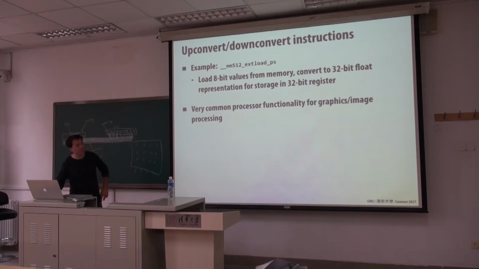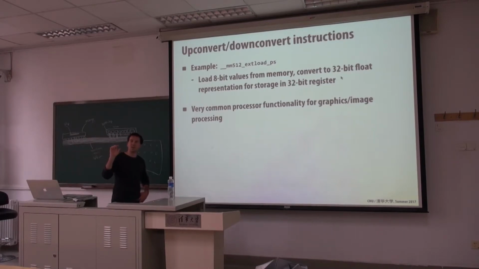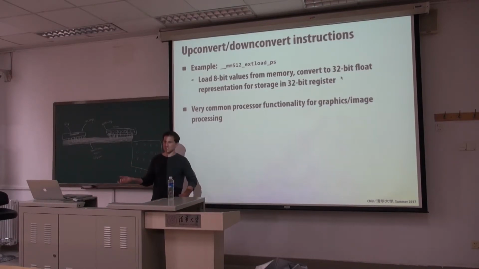For example, here's an instruction that loads an 8-bit value from memory. So it loads 1 byte, but then upconverts it to a 32-bit float. It does a fixed 0.8-bit conversion to 32-bit floating point. The 8-bit is a number between 0 and 255, or we can interpret it as a number between 0 and 1 in fixed point.